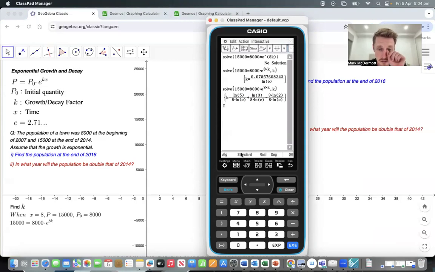Okay, so we get this messy answer. We put it as a decimal. It won't give it as a decimal for some reason. That is just a number, so I'm not sure why it's not giving me that as a decimal.